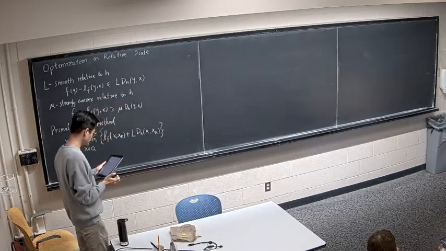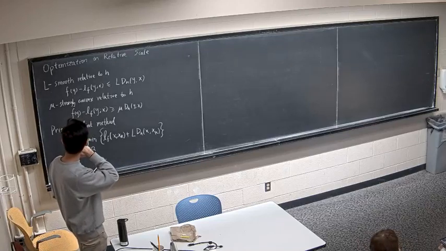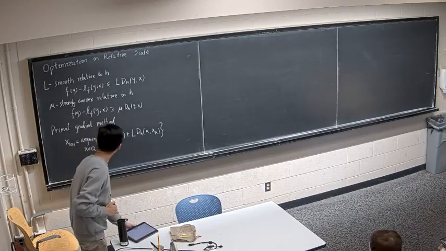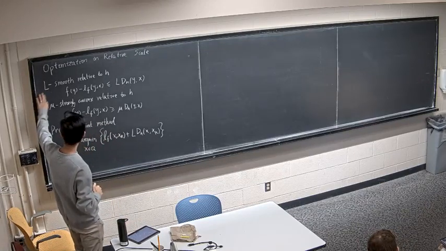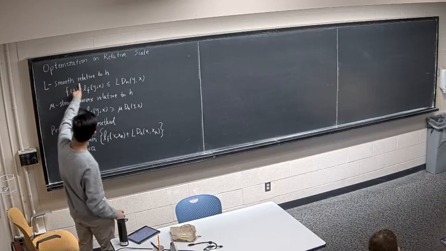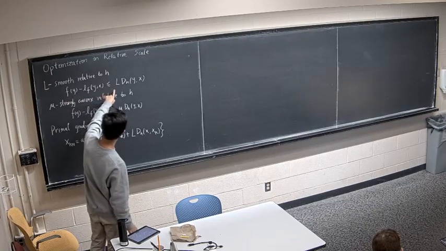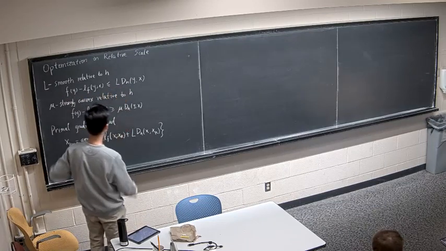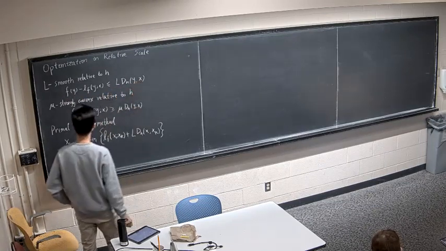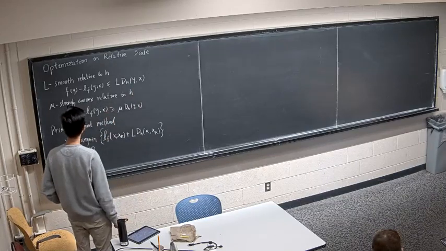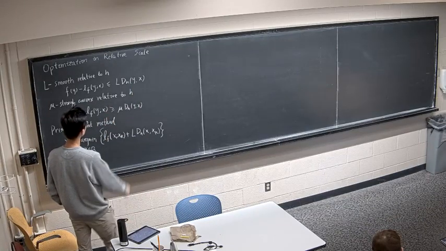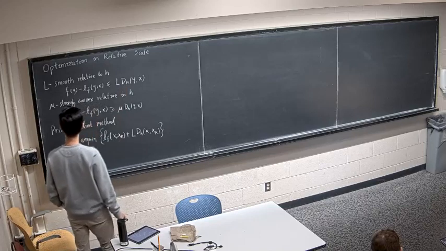Morning, everyone. Last time we talked about optimization in relative scale. So the L-smoothness, in a sense, relative to H: F minus its linearization is upper bounded by L times the Bregman divergence between the two points Y and X. This is a way to generalize the normal definition when H is the Euclidean distance.